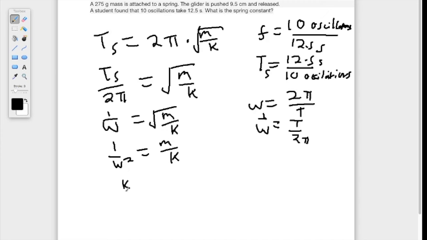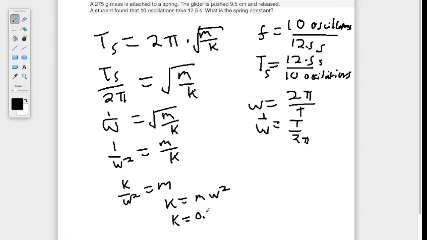So k over w squared equals m, and then k equals m w squared, where w is 2 pi over T. So k equals, and we have to make sure it's in kilograms, because the units are newtons per meter.